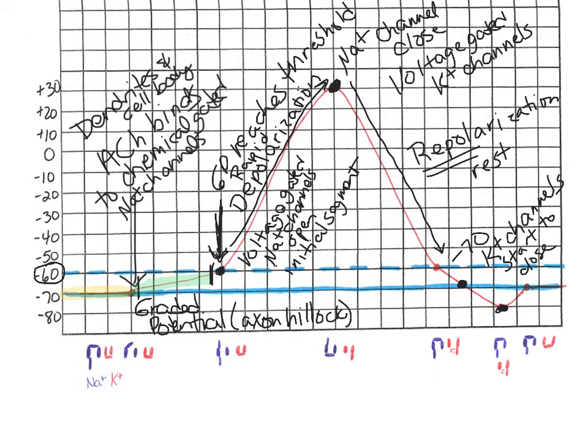And then at that point, all the potassium channels are closed. And to bring it back up to rest, it is the leak channels and the sodium-potassium pump that brings it back up to resting.